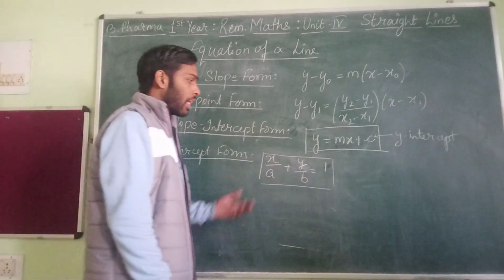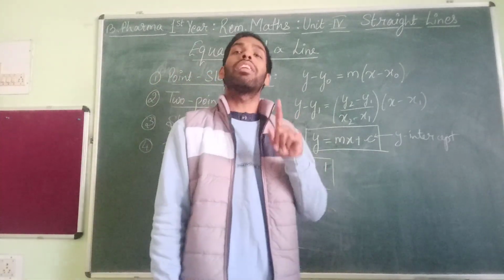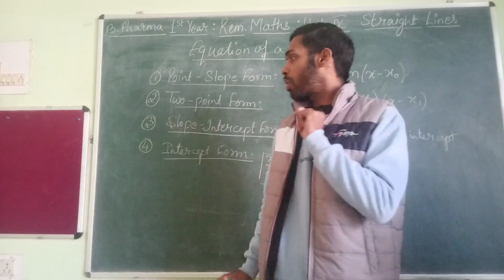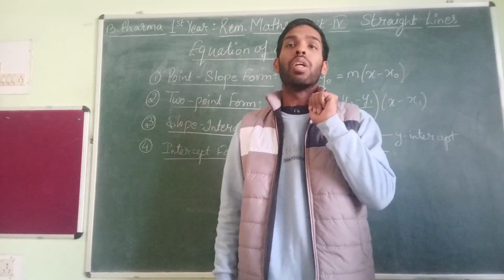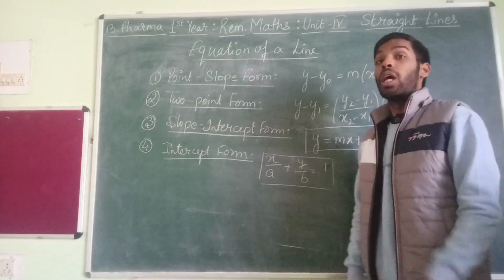Okay, now what are a and b over here? See, intercept form doesn't mean that only one intercept is given to you, because if you have to find out the equation, then at least two values should be given to you, then only you can find out the equation for the line. So intercept form means both intercepts.